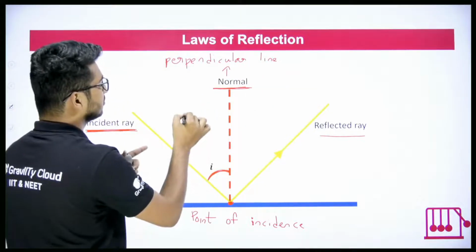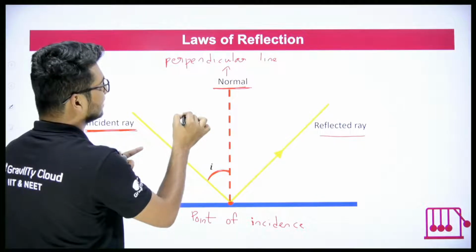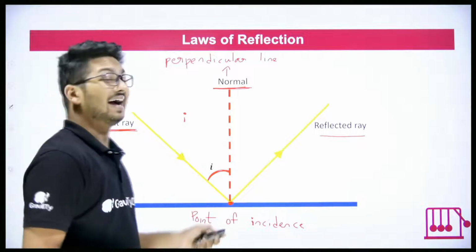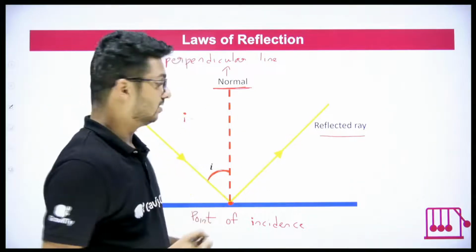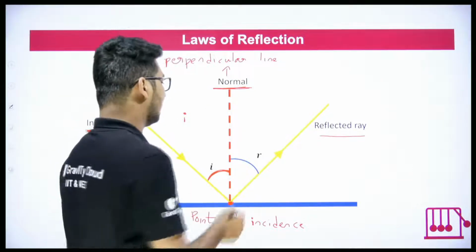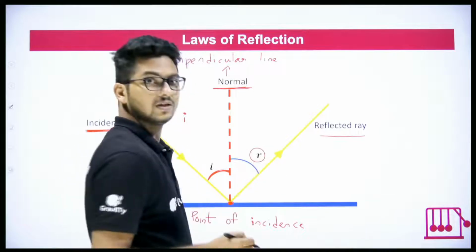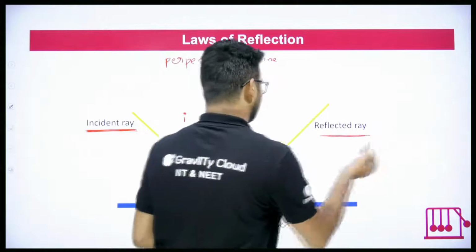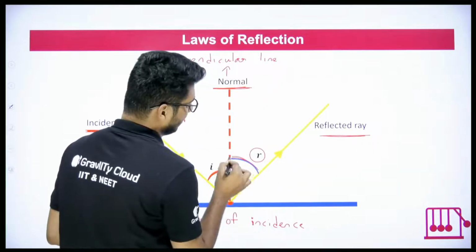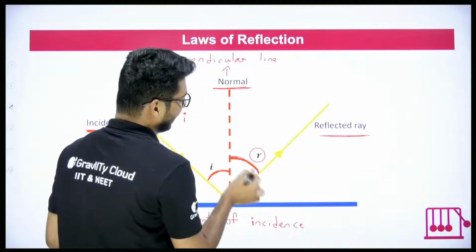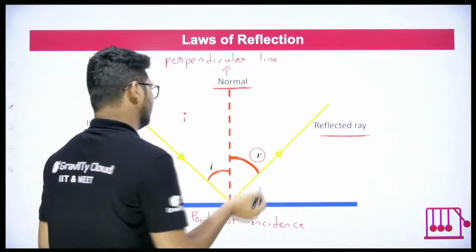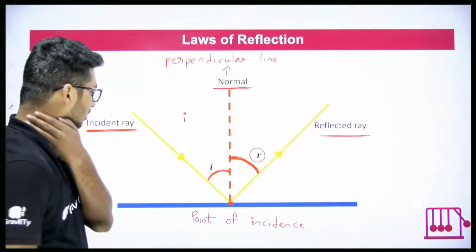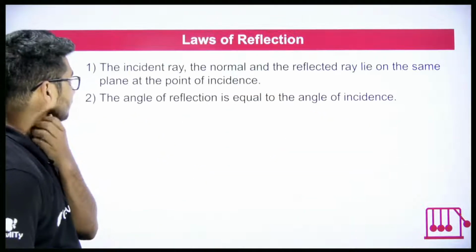Generally we use small letter i as the symbol for the angle of incidence. And then you have the angle of reflection, small r. It is the angle between the normal and the reflected ray. Remember the definitions clearly. Understood? Okay, now let's continue.